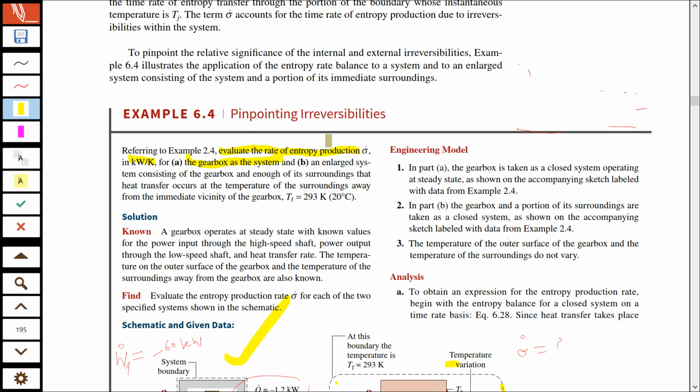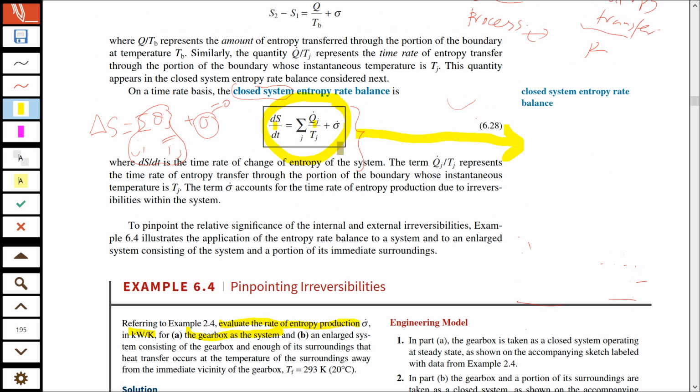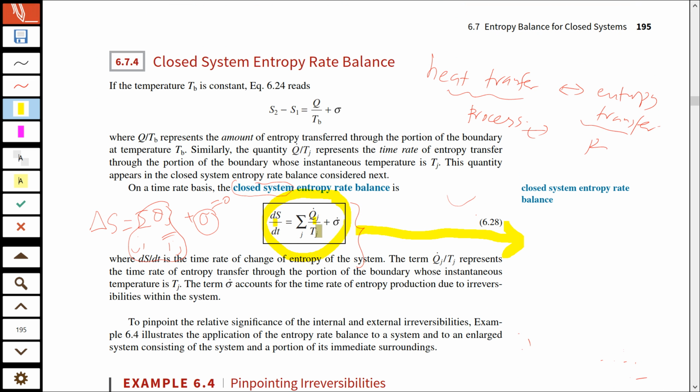So in this equation, we don't have that. In this case, the whole boundary is assumed to be at the same temperature, TB, which is given to us. So this summation will be just one term.